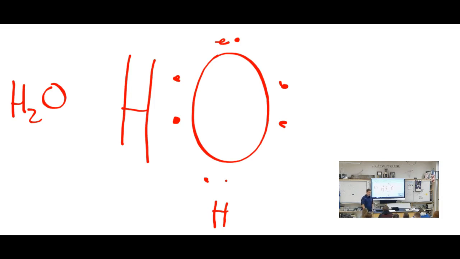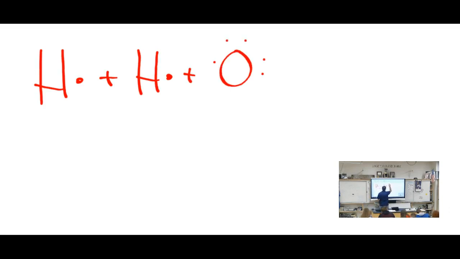So you have an H plus an H plus an O. You put 1 dot, 6 dots, and then you draw the new one with 8 dots around the O. So it should look like this. And then is it an arrow or is it an equal sign? Equal.